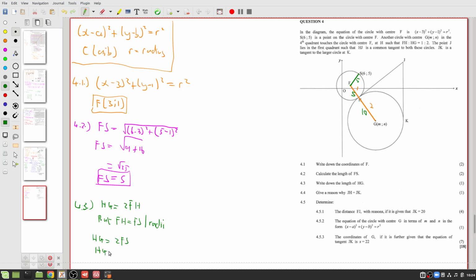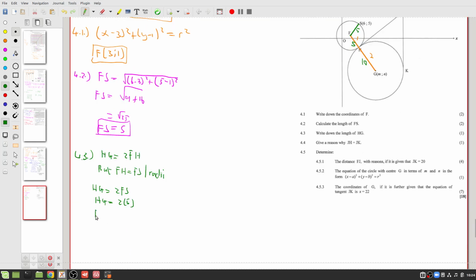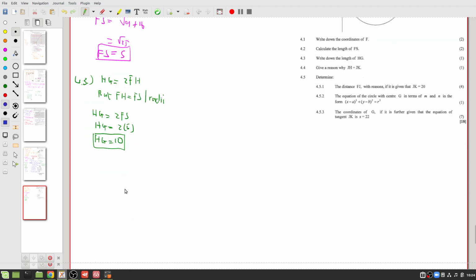That gives us HG equals 2 times 5, which we found FS was. So HG equals 10. I think it would be fine if you just wrote HG equals 2 times 5. Alright, that was question 4.3, just using the fact that they gave us the ratio of 1 to 2. The next question, 4.4, let's do that at the bottom here. 4.4.